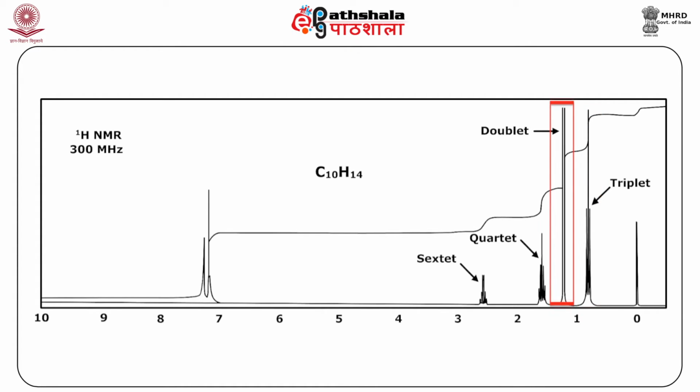A doublet of 3 protons indicates a CH3 linked to a CH group, and a quartet for 2 protons indicates a CH and a CH3 group on either side of CH2. A sextet for 1 proton indicates the linkage of a CH3 and a CH2 group on either side of a CH, a carbon which bears only 1 proton.